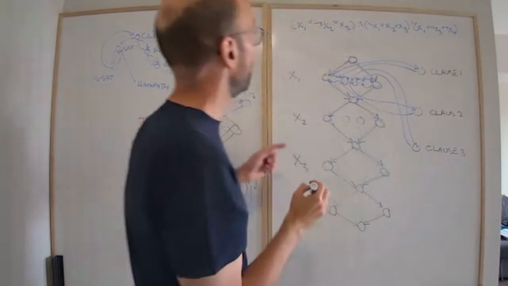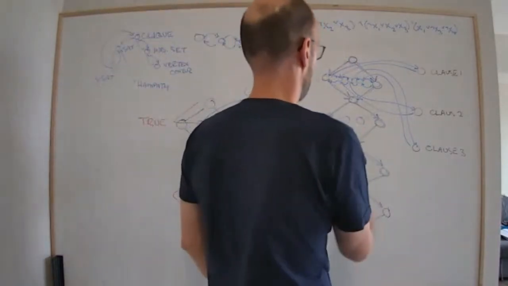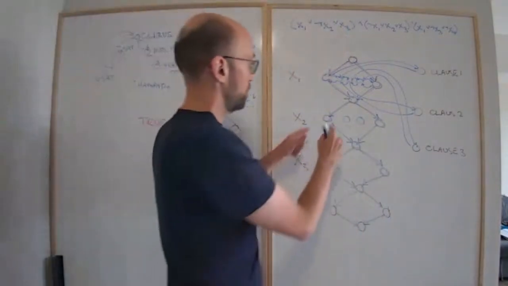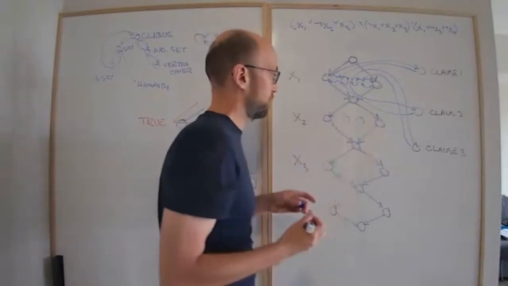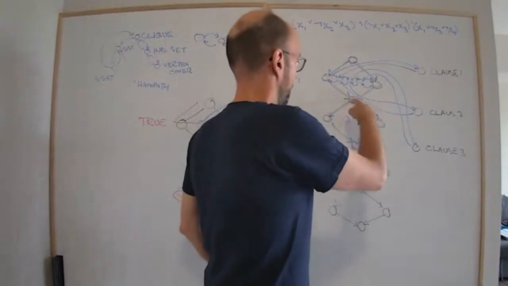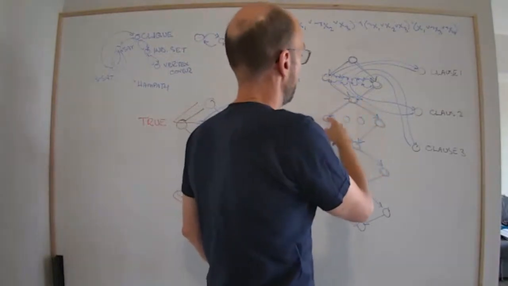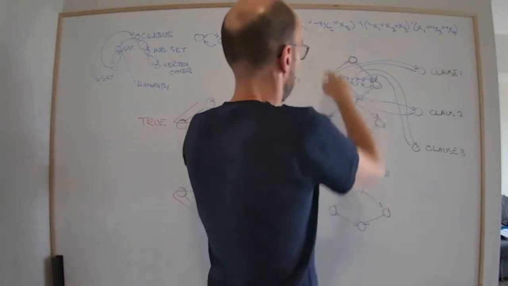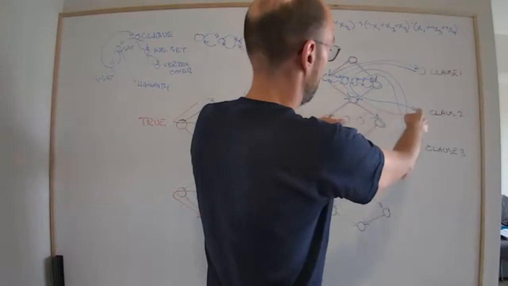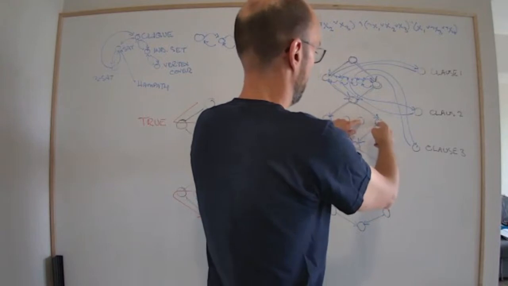So for x2, I'm going to set not x2 satisfies clause 1. I'm not going to draw the arrows because you're not going to be able to read them. For x2, if I go here, I can't visit clause 1 if I'm going left to right, but I can visit clause 2 and come back, and then I can't visit clause 3, so I go over.